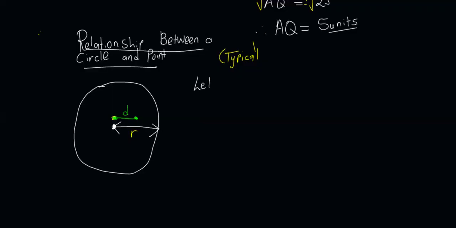Secondly, you need to understand that if D is less than the radius, then the point is inside the circle.